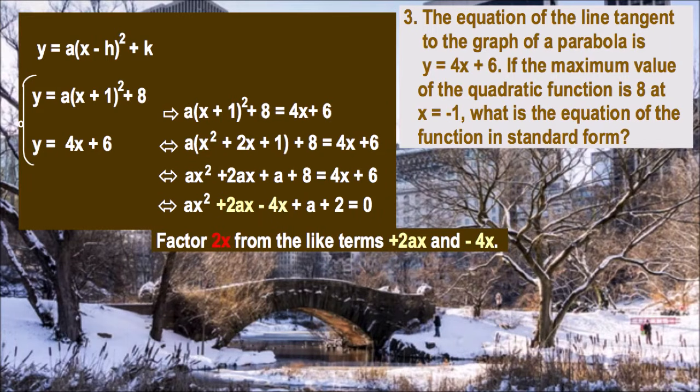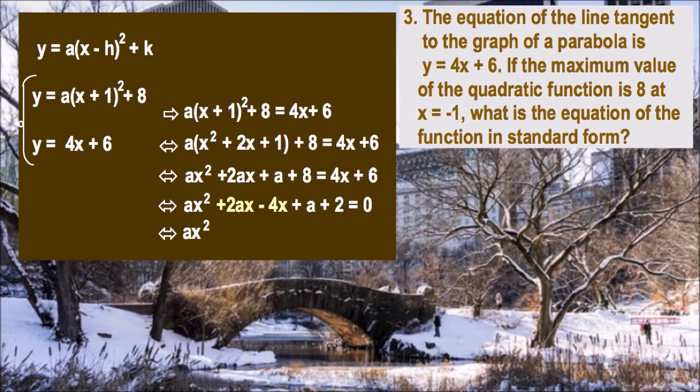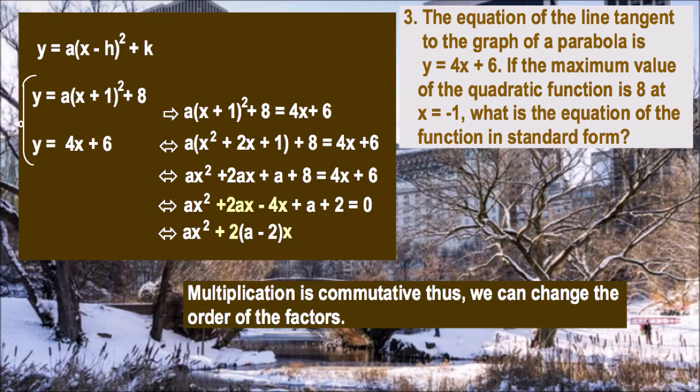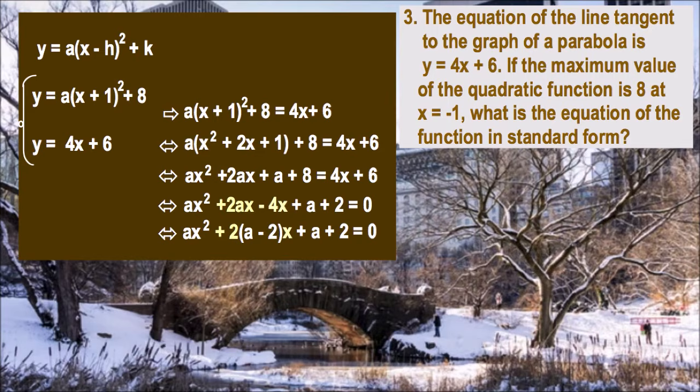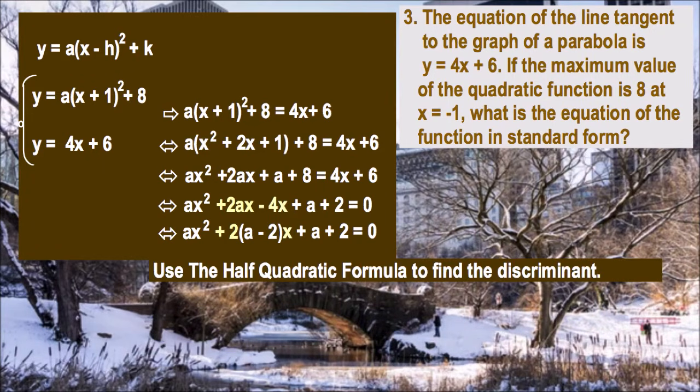Then we would want to factor 2x from the like terms, positive 2ax and negative 4x, equivalent to ax squared plus 2x times the quantity a minus 2. Multiplication is commutative, thus we can change the order of factors, swapping our x and a negative 2 around. Plus a plus 2 equals 0.